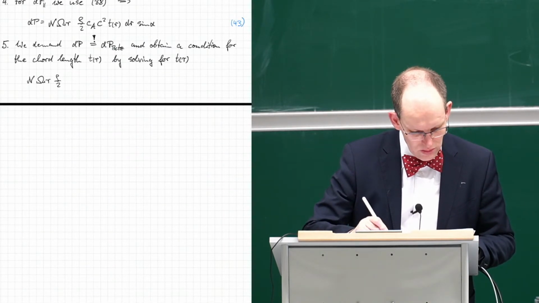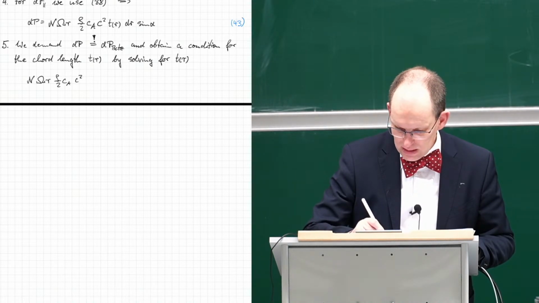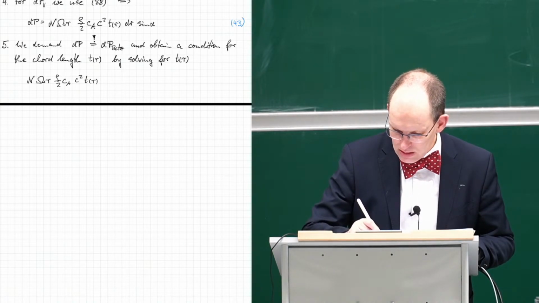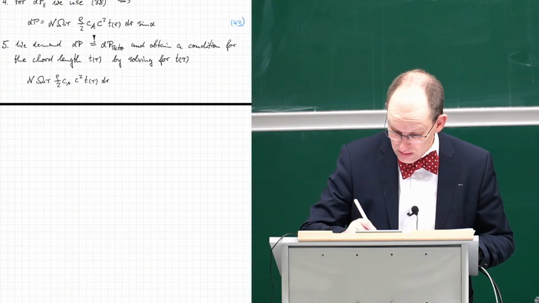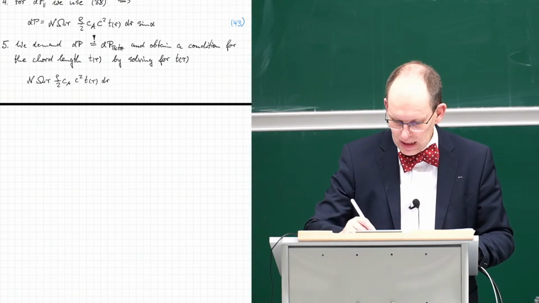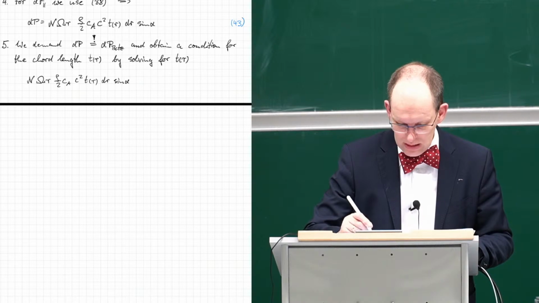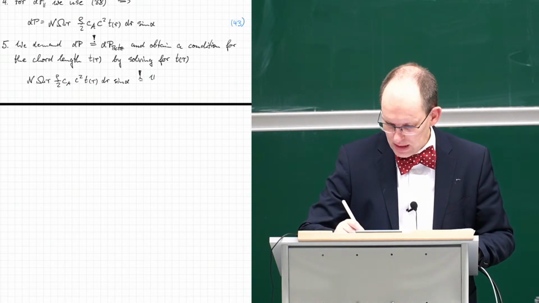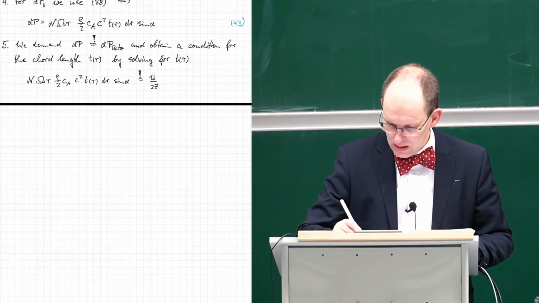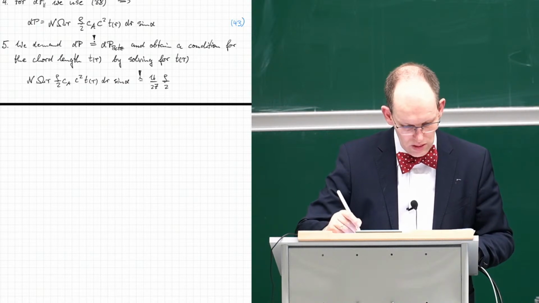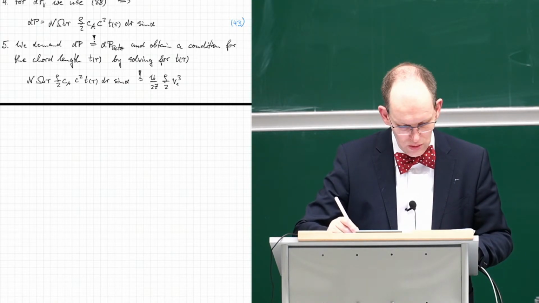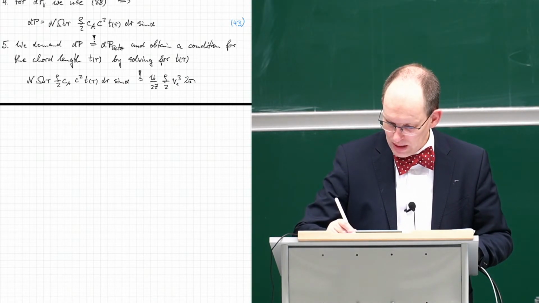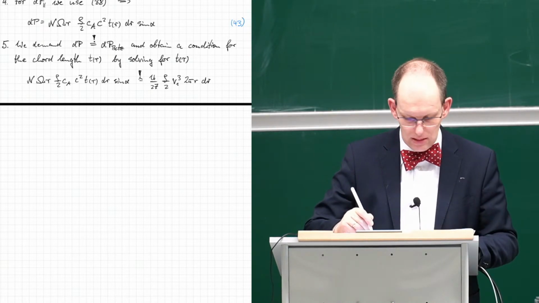rho over 2 Ca c squared Tr, this is the quantity that we want to know, dr, and the sinus of alpha. And this should be equal to 16 over 27 rho over 2 V1 cube 2 pi r dr. Right?